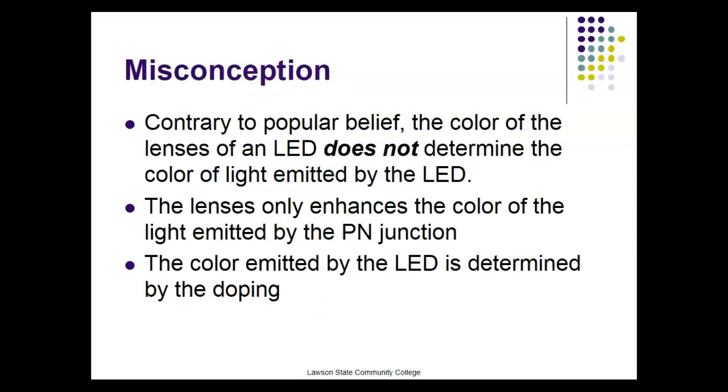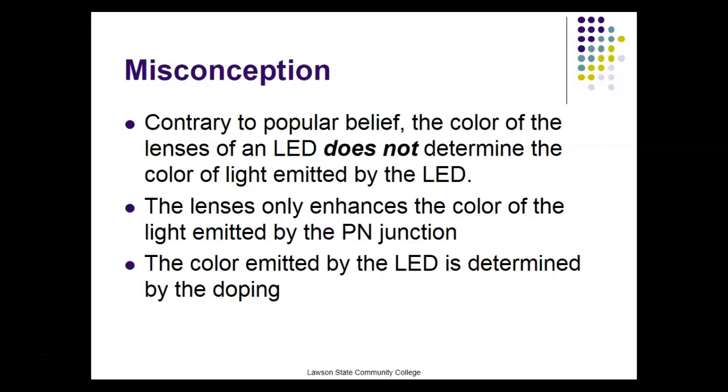The color of the lens of an LED does not determine the color. The color is created by the LED itself. The lens only does what? Enhance the colors. No, the lens just enhances the colors. It's already coming out. And then we can have different lenses. We have what we call a diffuse lens, which basically makes it look like the whole LED is glowing.